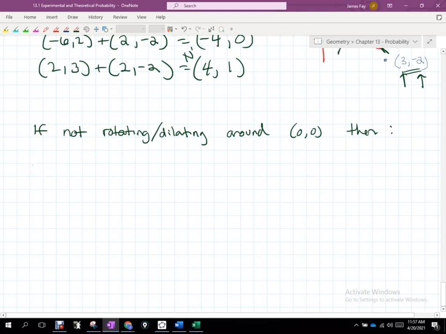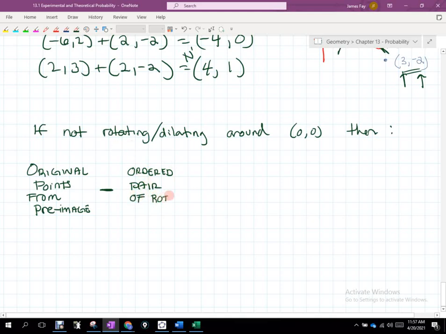You take your original points from the pre-image, and you subtract the ordered pair of the rotation or dilation point.